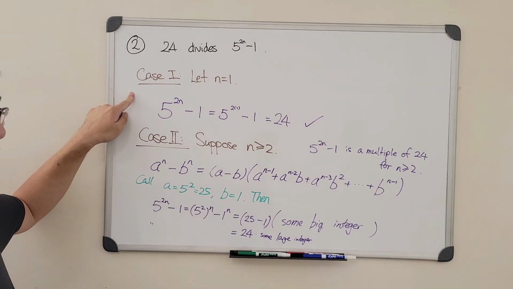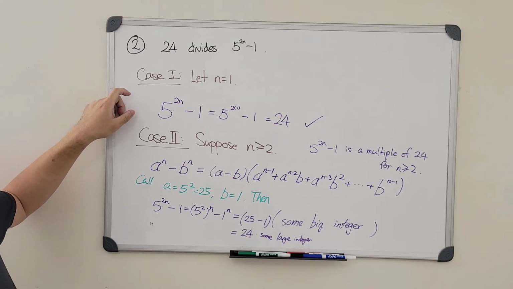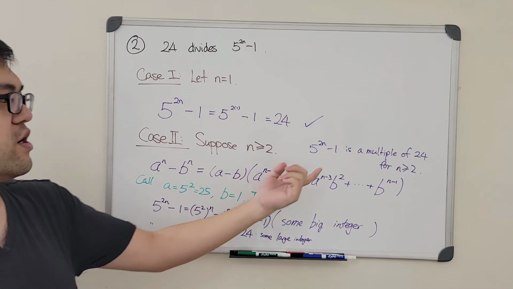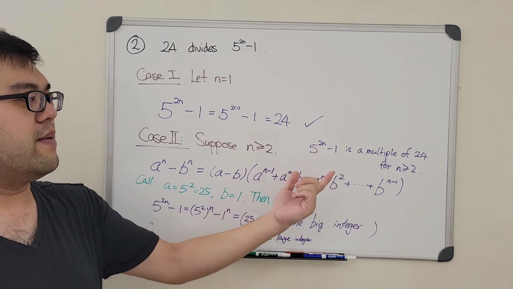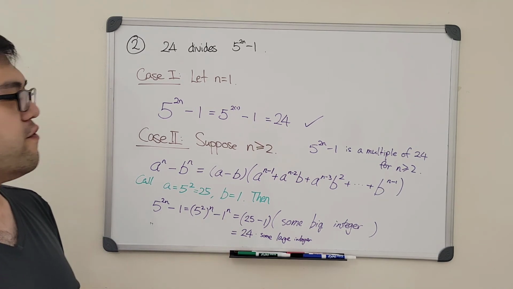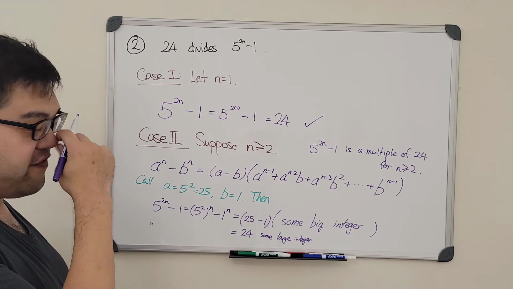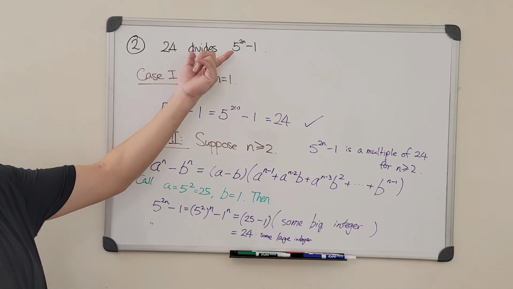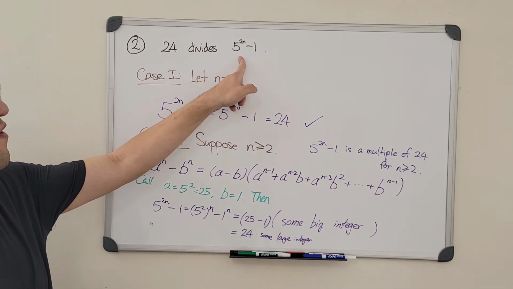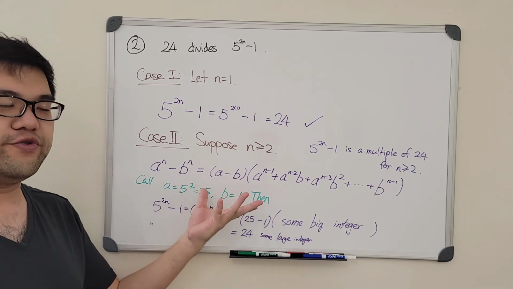And if we combine with the first case, which shows that when n is equal to 1, the expression is also a multiple of 24, we can conclude that 5 to the 2n power minus 1 is a multiple of 24 for n a positive integer. Good. Which means 24 divides the expression 5 to the 2n minus 1. And that's it. We just finished another proof.